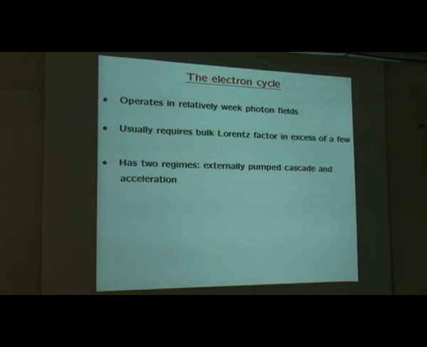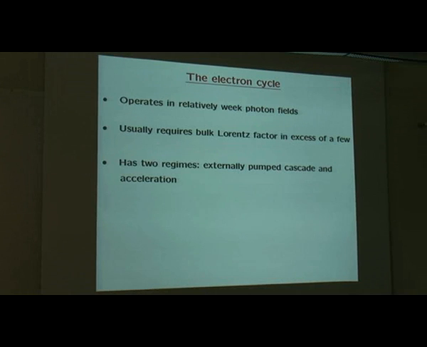And then this cycle actually has 2 regimes. I will remind you that even if you lose energy of individual particles, the overall energy remains in the system. It remains in photons and protons, and if the system is not transparent to photons, the energy remains in the system.